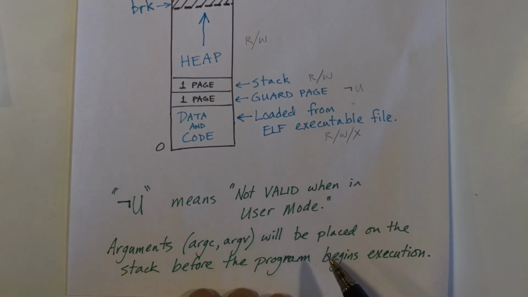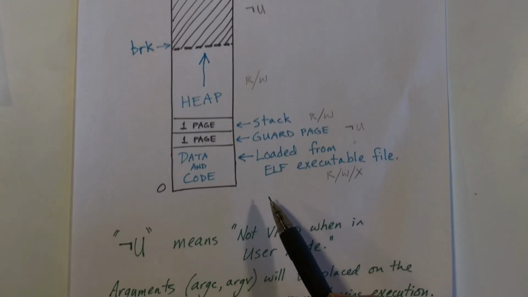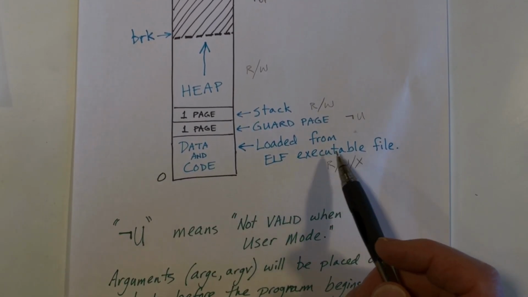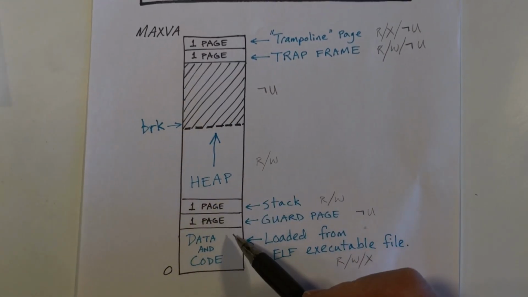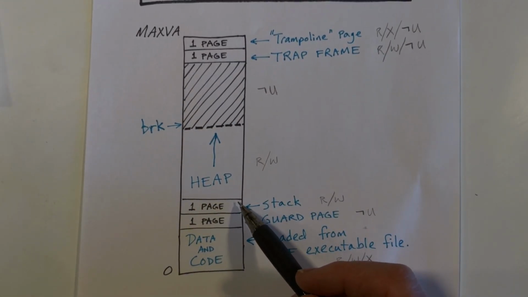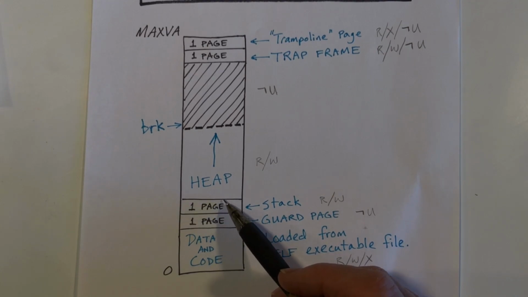And how does that happen? Well, when an exec system call is made, the code in the kernel will set up the virtual address space here, and among other things, it will allocate a page for the stack, and it will push onto the stack the arguments.